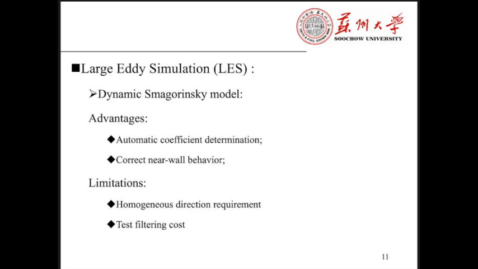So here are the advantages and disadvantages of the dynamic subgrid model. The advantages include automatic coefficient determination. You don't have to manually input the coefficient, and the dynamic subgrid model offers correct near-wall behavior.